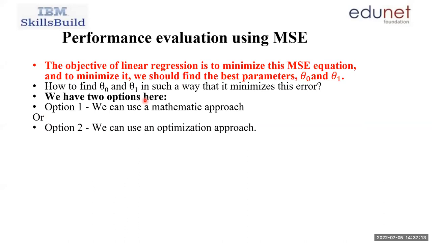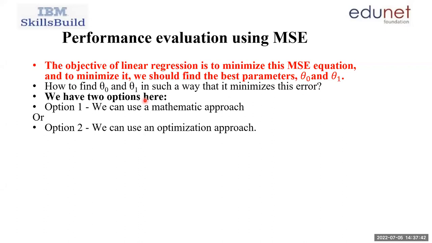We have to find the best parameter values for the y-intercept and slope, theta 0 and theta 1, based on the MSE value. We have two options here. We can use a mathematical approach to find the best parameter values for theta 0 and theta 1, or we can use some optimization approaches.